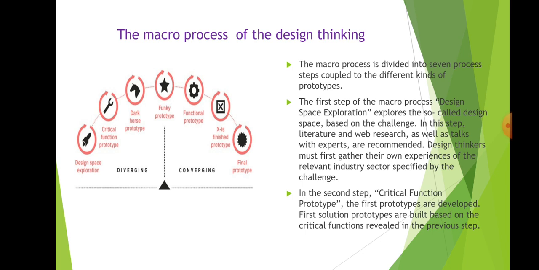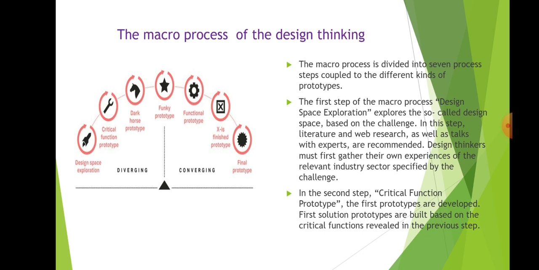The macroprocess of design thinking consists of several steps. The macroprocess is divided into 7 process steps coupled to the different kinds of prototypes. The first step of the macroprocess, design space exploration, explores the so-called design space based on the challenge. In this step, literature and web research, as well as talks with experts, are recommended.